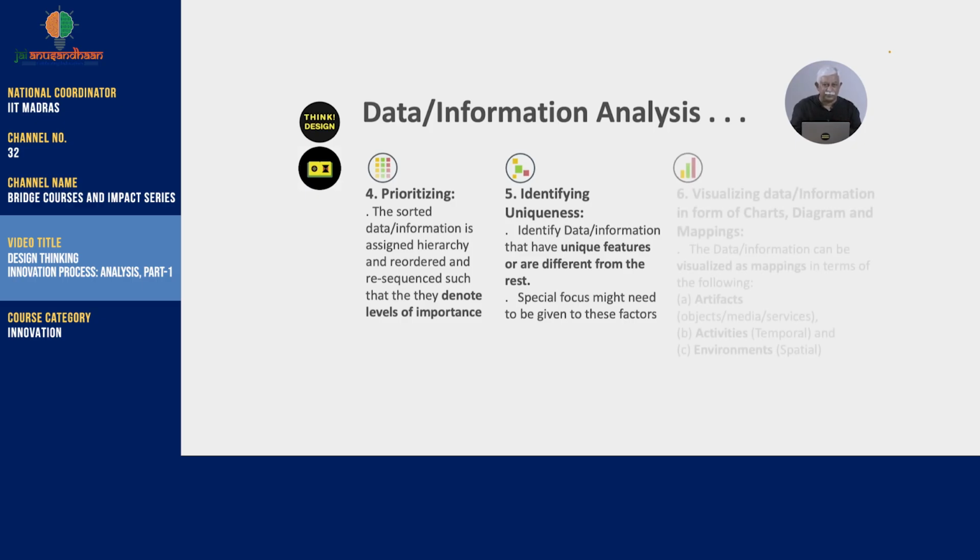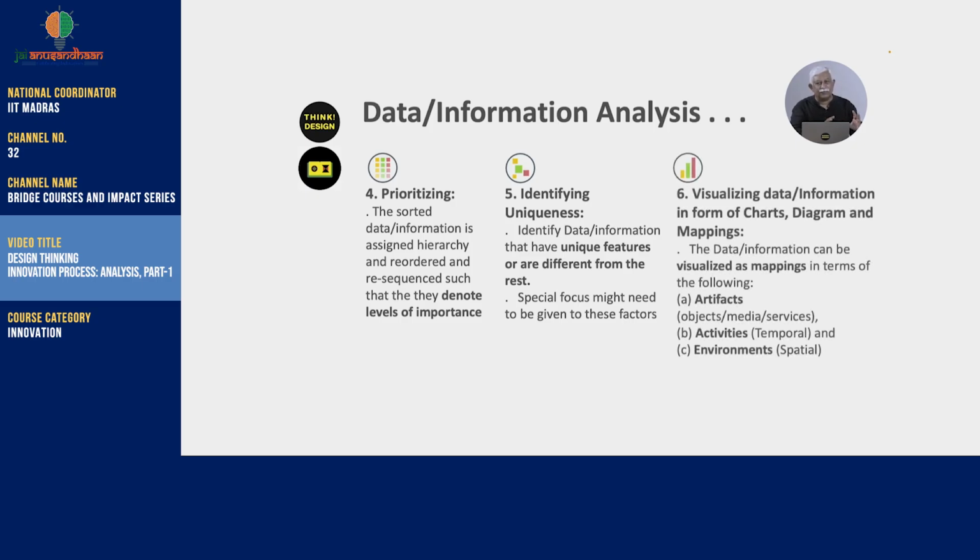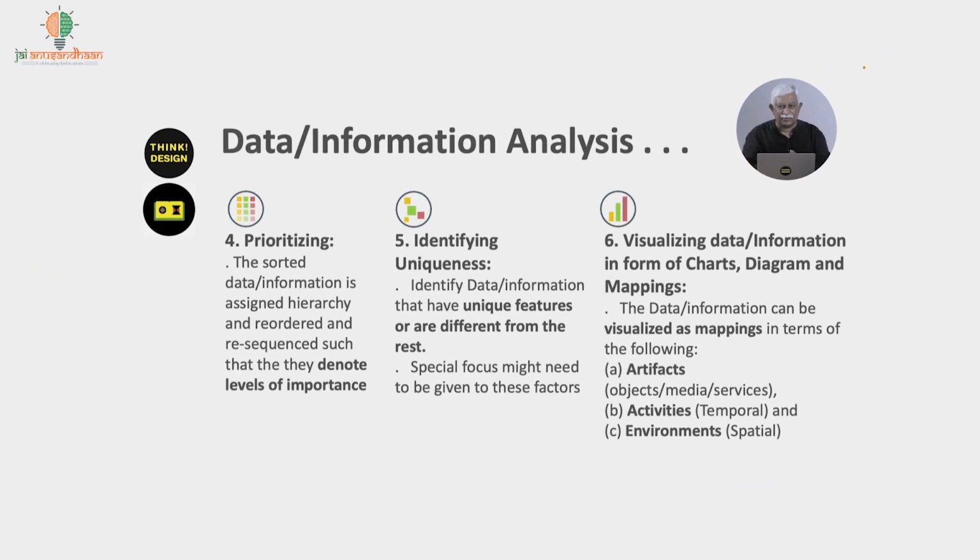And then of course, if you can make it visible through visualization and mappings, you can make use of charts, diagrams. That will be wonderful because it makes it very easy to compare different data. And we look at 3 types of mappings, one with respect to artifacts, one with respect to activities, one with respect to the environments. But more on that later.